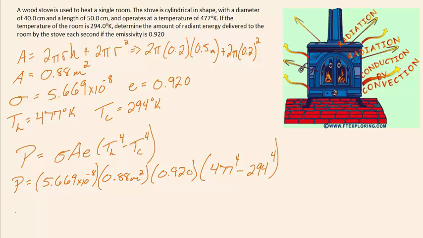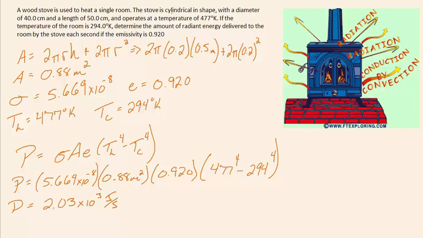So when we multiply this out, we see that our power will give us a value of 2.03 times 10 to the third joules per second, which is also the units for watts.